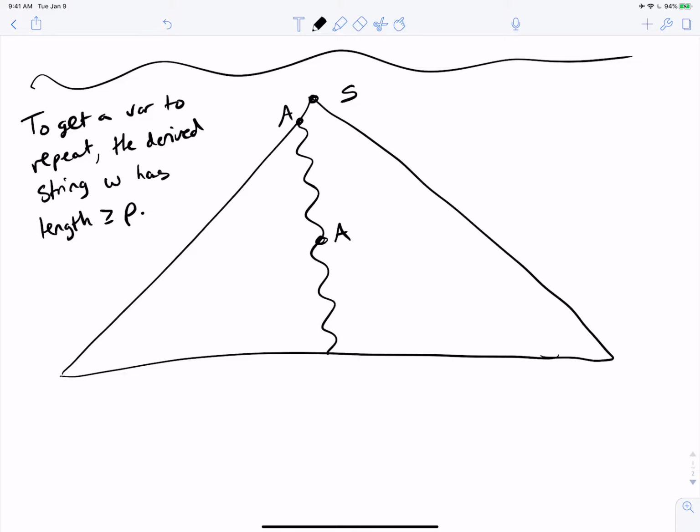So if the length of w is exactly equal to p, do we still get a repetition in the variables? I said as long as it has length at least p, then we get a repetition. What if it has length exactly equal to p?